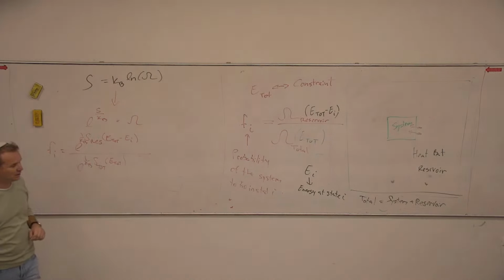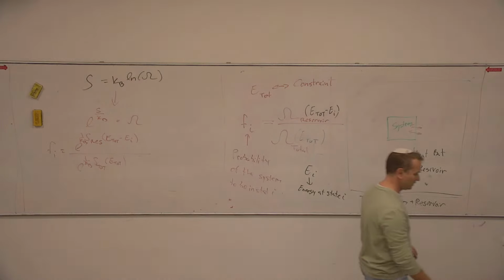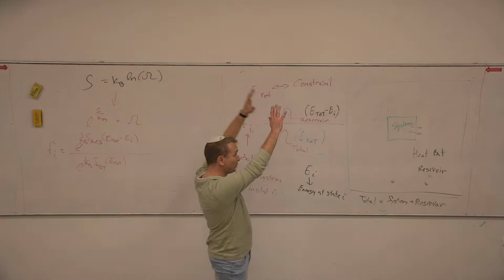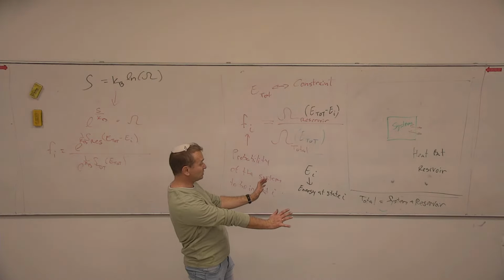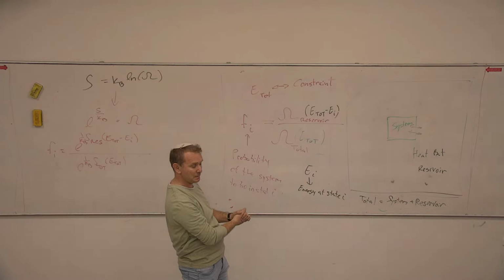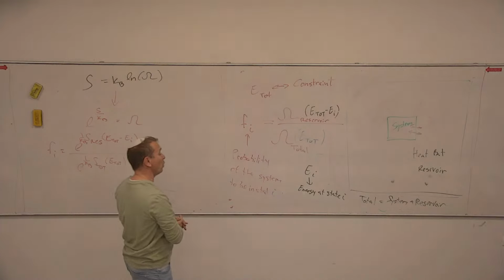Yes? The reservoir is also a microcanonical ensemble? Yes. Everything here, in total, the total system is described by a microcanonical ensemble. But the system itself is not a microcanonical ensemble. What do you mean?